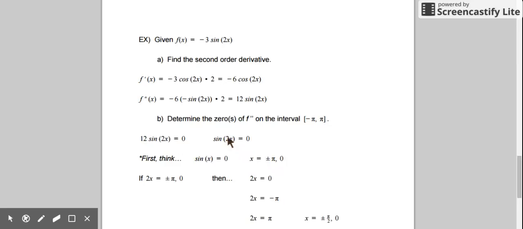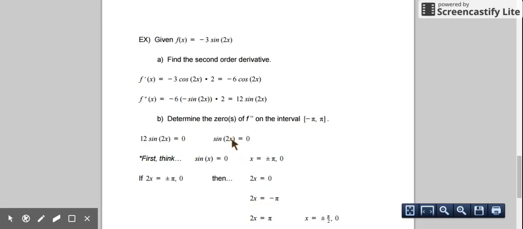And then we could solve for the 2x. So I know that I want 2x to equal positive or negative pi or 0. So I'm going to just solve those equations. If 2x is 0, then x has to be 0. So if I plug 0 in, 2 times 0 is 0, and sine of 0 is 0. If I know that I want 2x to equal negative pi, well, I can divide both sides by 2.